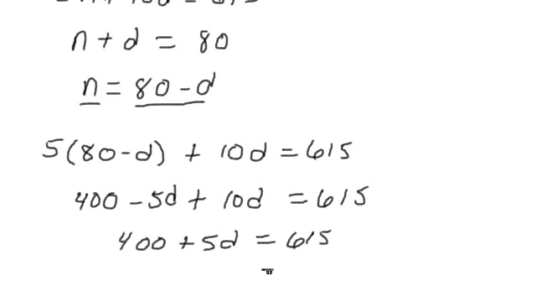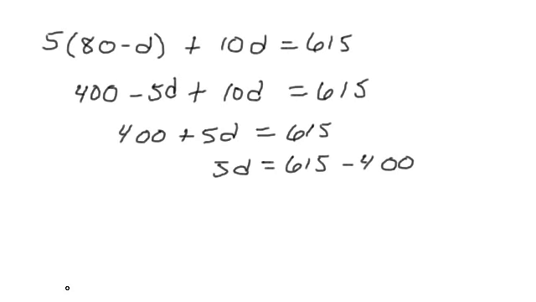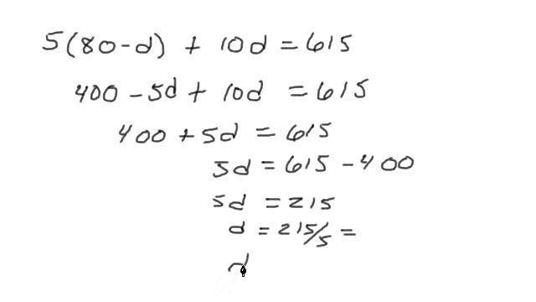Now I'm going to take that 400 over to the other side, and we have 5d is equal to 615 minus 400. So we get 215, and we multiply both sides by 1/5, and we get 43. So there's 43 dimes.